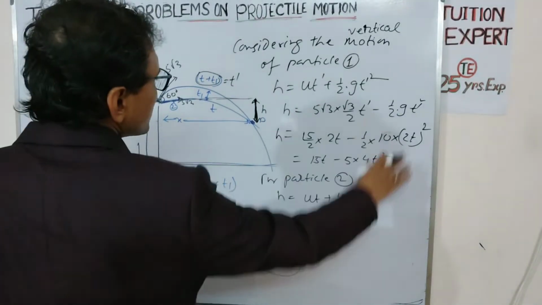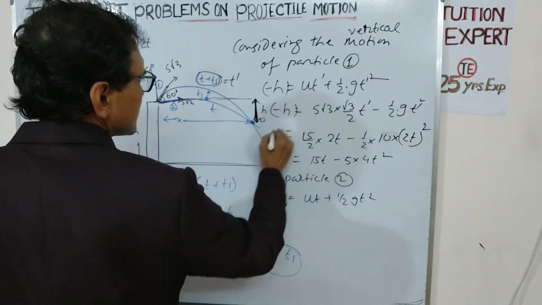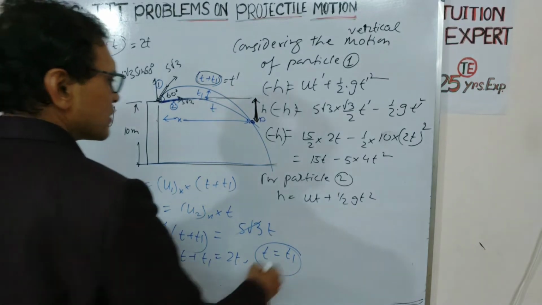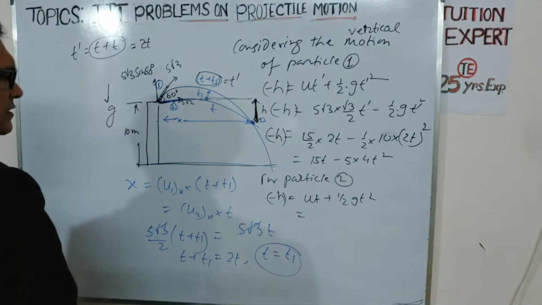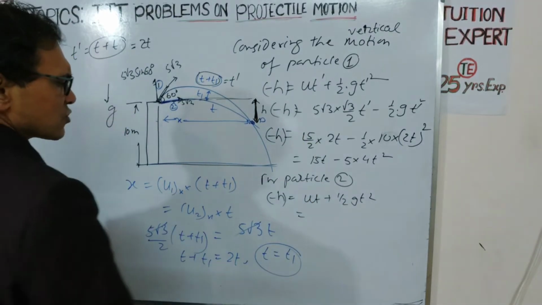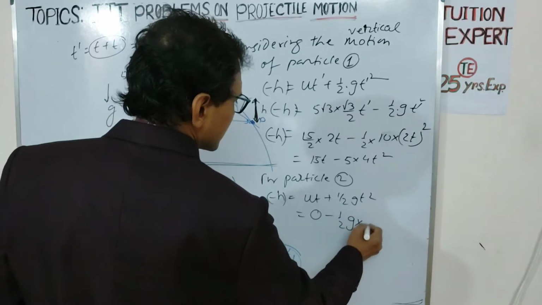If we take the sign convention, then h should be negative here, and here also h should be negative. We are considering the vertical motion, so here u is 0, and the term is half g into t square.